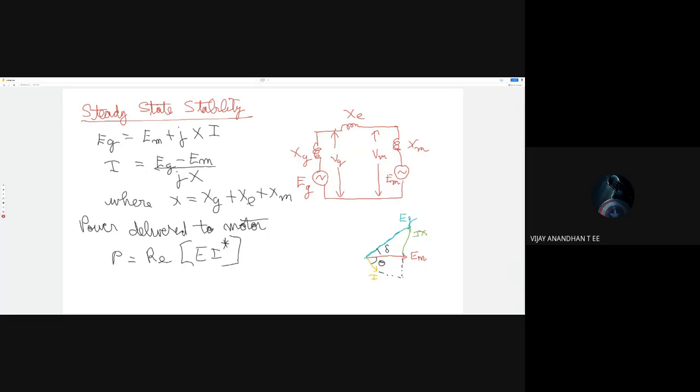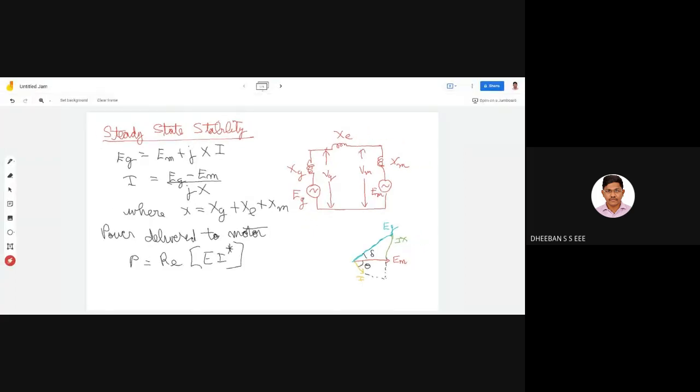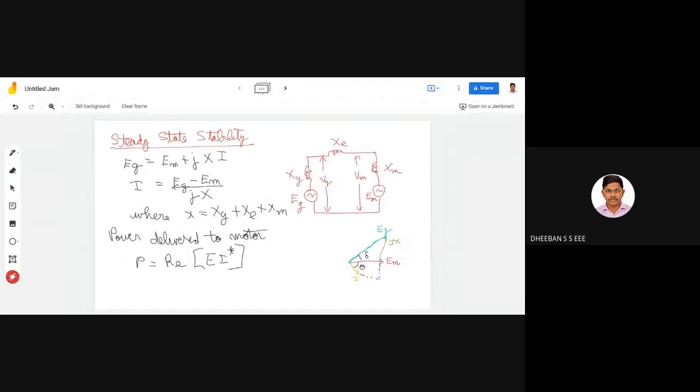Sir, excitation in the sense what do you mean? Excitation in the sense it is a power supply. Here there will be voltage rise. So excitation is the voltage rise.